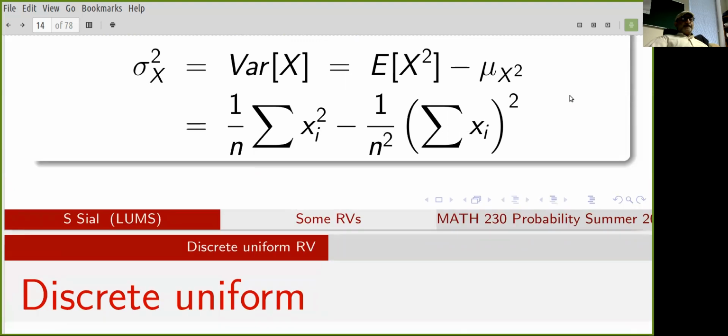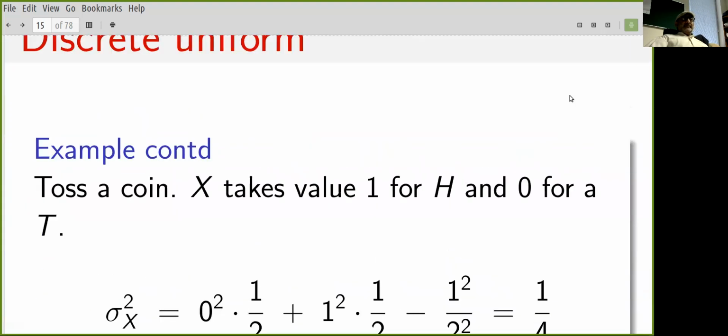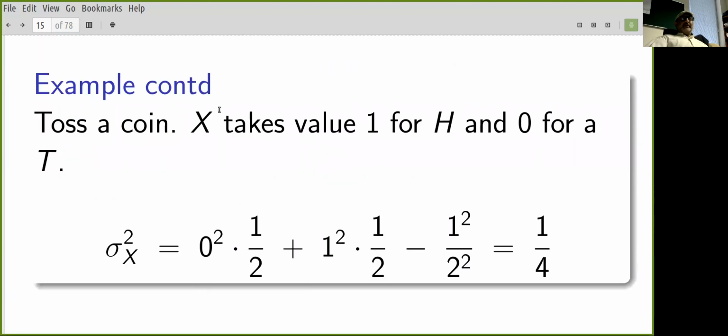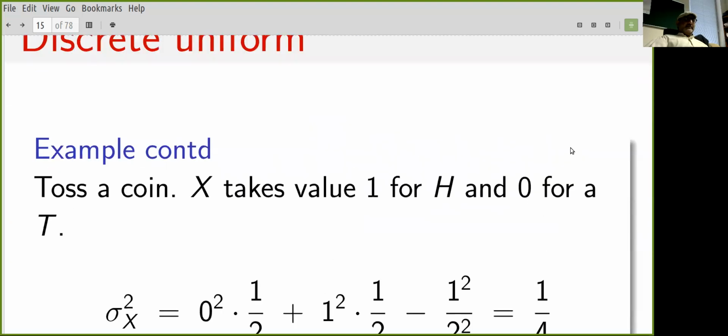Okay. So let's see. Supposing, again, we're tossing a coin. X takes the value 1 if you get H, and it takes the value 0 if you get a tail. We've already established that this is a uniform discrete random variable, and we know the values in the PMF. We've defined the PMF.